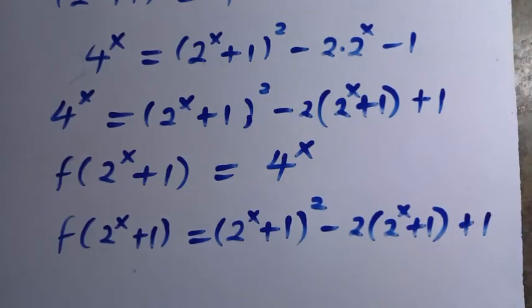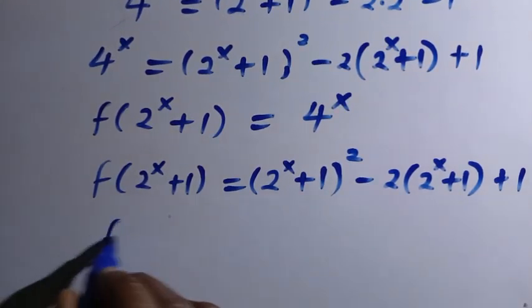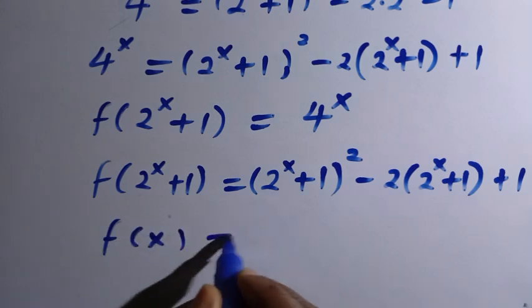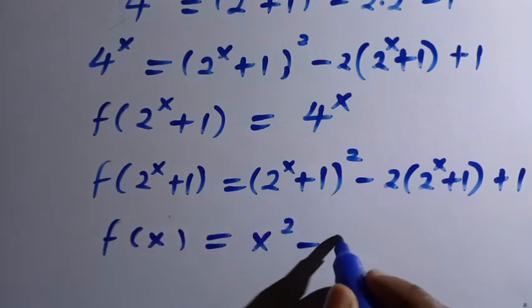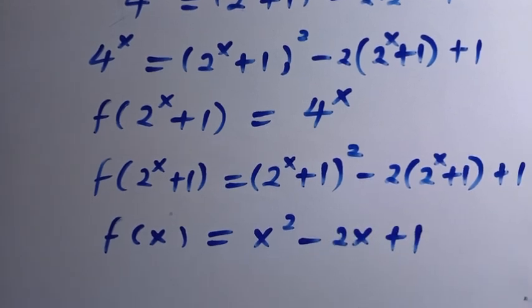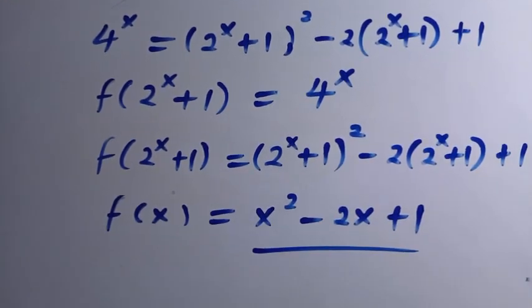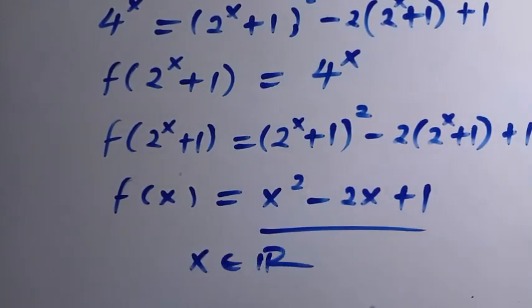Then here is plus 1. So after having this, let's try to replace 2 power x plus 1 with x. So therefore we have f of x equals x to the power of 2 minus 2x plus 1. So this is the result, and whereby our x here is a member of real numbers.